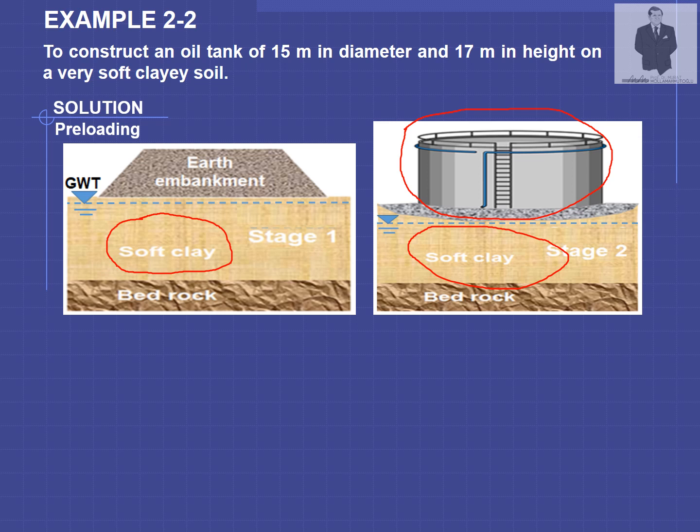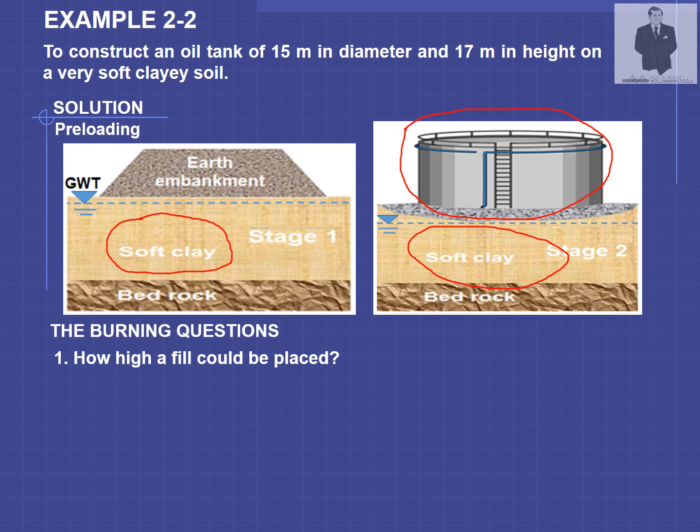Here are the burning questions that had to be answered by the geotechnical engineer responsible for this project. The first one, how high a fill could be placed? Well, this depends on the bearing capacity of the soft clay layer, because the soft clay layer has a very low permeability.